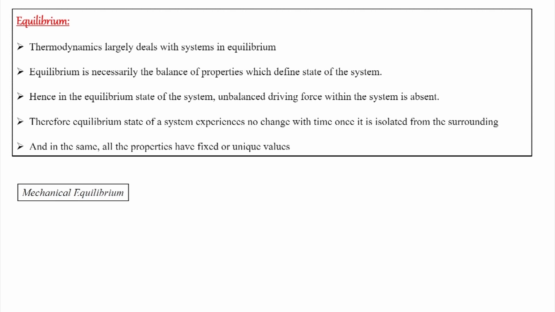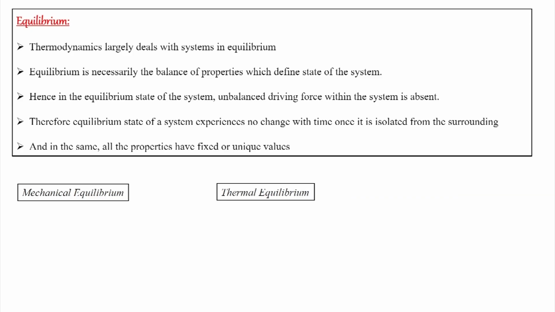Then there are internally many equilibriums which are defined, and the first is mechanical equilibrium. Here the system is said to be in mechanical equilibrium once the mechanical forces are balanced within the system. So there is no unbalanced mechanical force, or for us pressure is uniform within the system.